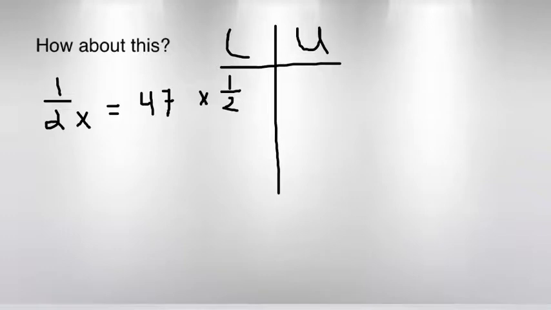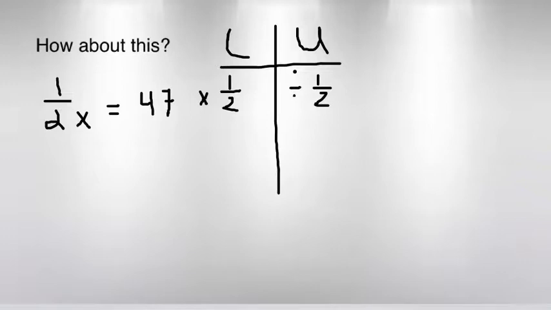Okay, so I'm going to undo this by dividing by 1/2. But we don't divide by fractions. If you remember our fraction cheer, instead of dividing by 1/2, we're actually going to multiply by the reciprocal. So division of fractions means to multiply by the reciprocal.